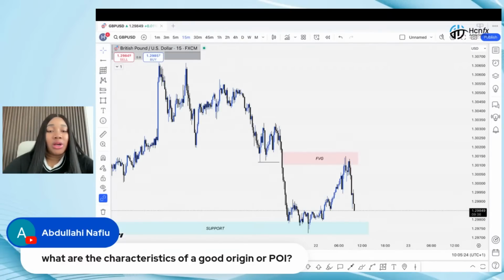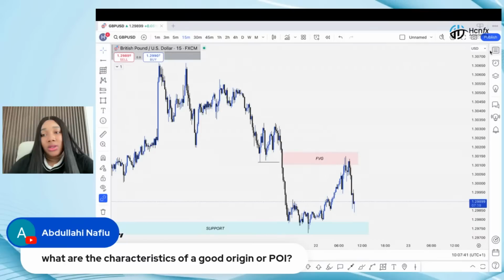If you check how we map out our setups, once there is a break of structure, the first thing you need to do is read the market structure so that you will know where you are directed at, so that you won't be going in the wrong direction. Now, let's say the market is pushing up. If you get the most recent break of structure, look out for the origin that caused that particular break of structure.